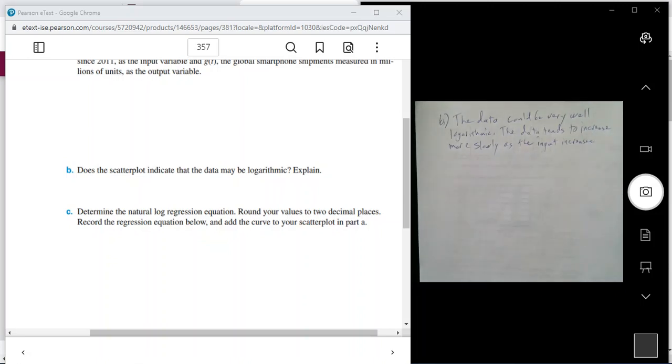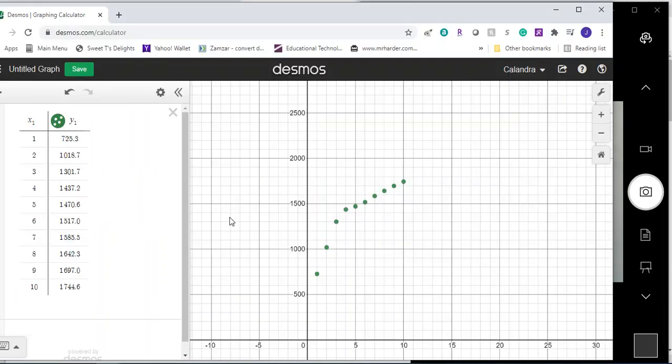Okay, now we look here at C. It says determine the natural log regression equation. But before we do that, let's take a look back at the graph. I want to make sure that you all understand the graph here.